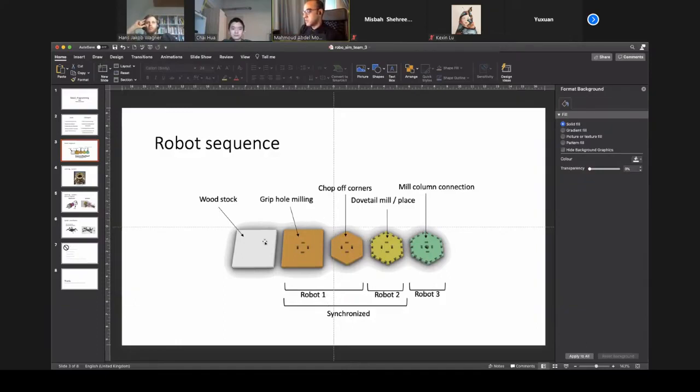So we'll get a wood piece, chop them off, and then do the dovetail. And then when we pass it down to the unsynced robot, it has to make its own kind of connection for the assembly. That's why we think we could mitigate the error in robot collaboration.